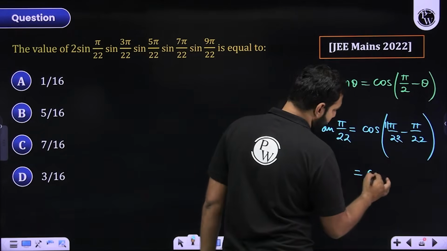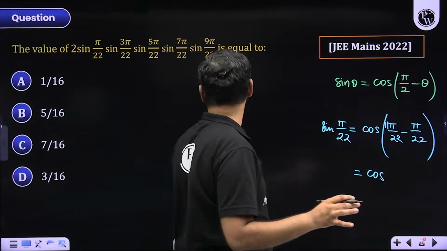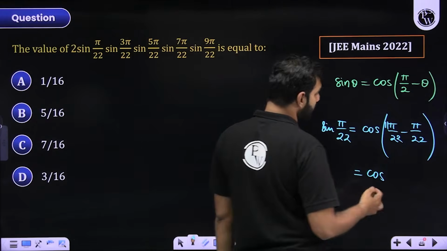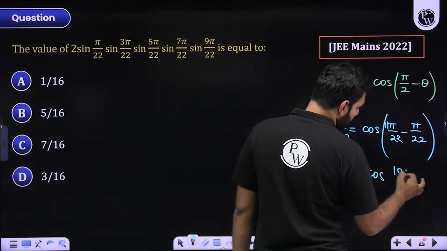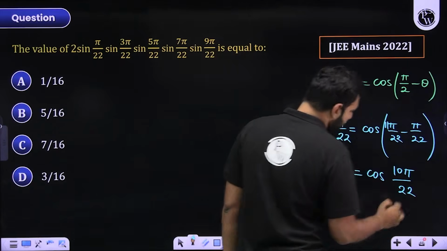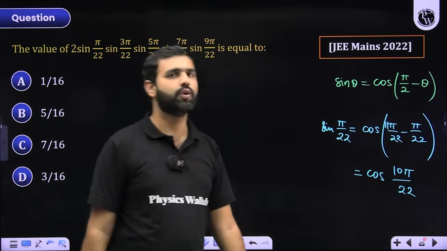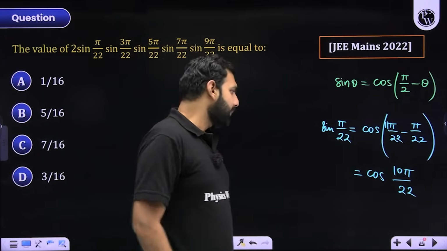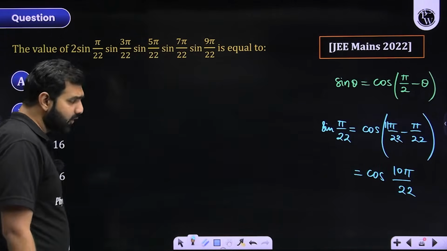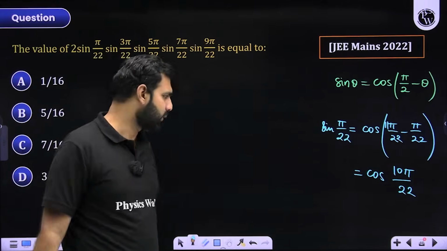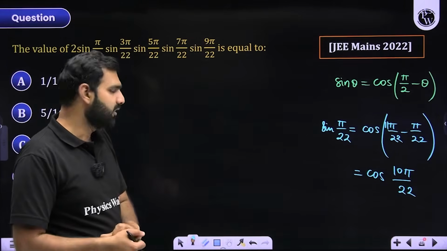So I'm writing it as cos. It was pi by 22, so 11 pi minus pi is 10 pi by 22. So sine pi by 22, I'm writing as cos 10 pi by 22. You could write it as 5 pi by 11 as well. That can also be done, but let's keep it like this only. Even 5 pi by 11 is perfectly fine.